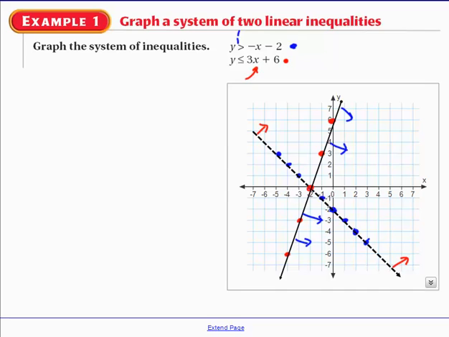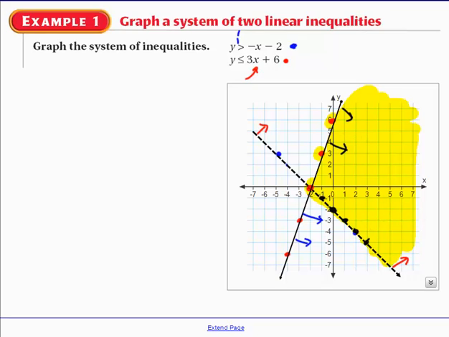So the region that you're actually going to get is this right here. And I'm going to show you how to check your answer. Okay, so it's everything above this line and everything to the right of this line.